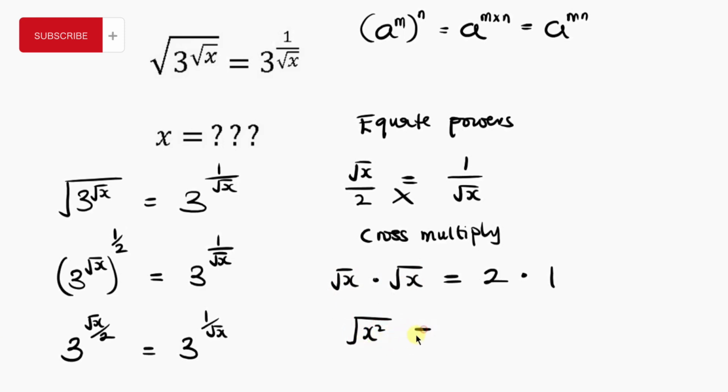Good. Equal to 2 times 1 will give you 2. Now notice that the square root and the square can cancel. And what will be left? x equal to 2. So the value of x, which the question requires us to look for, is equal to 2. How simple this is.